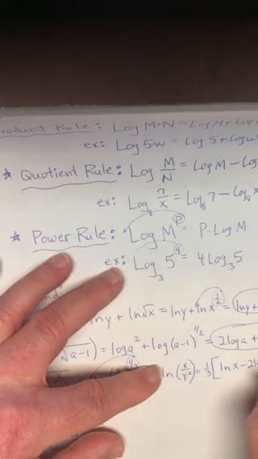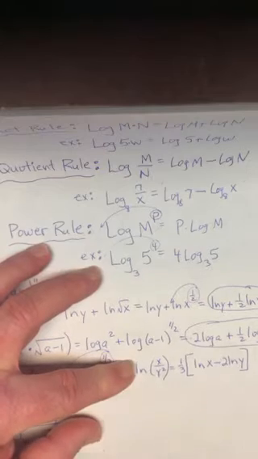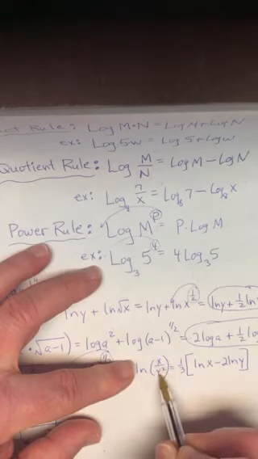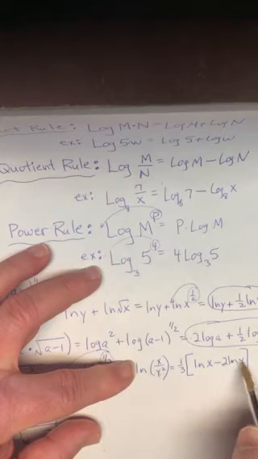And I'll put it out here. I just saved myself a step. Okay? Again, all I did, I saw the ln of m over n, right, a quotient, and I made it ln of the top minus ln of the bottom.